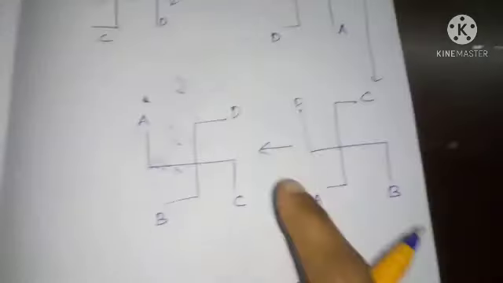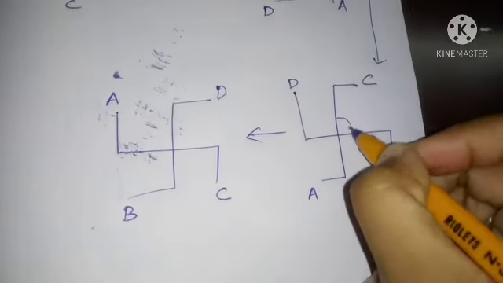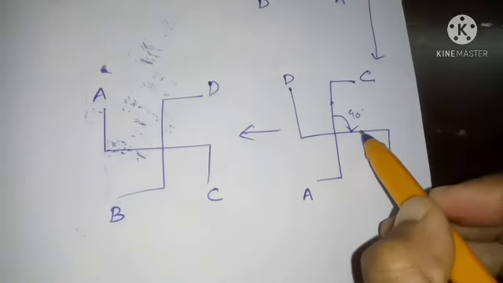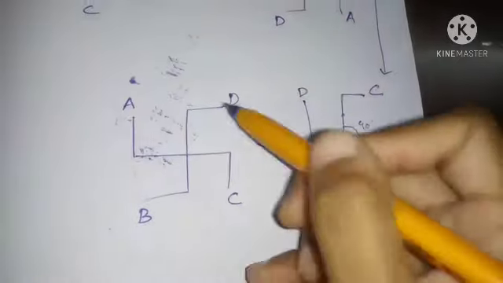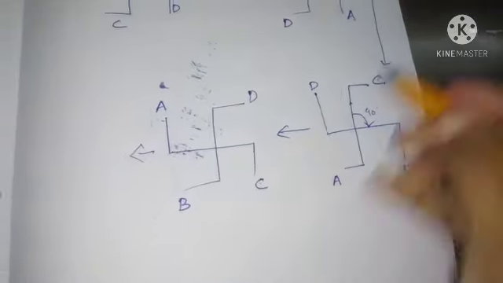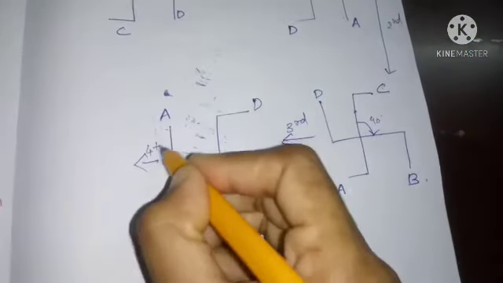So just rotating 90 degrees only. 90 degrees means this will go here. This is 90 degrees, correct? This part will go here. So C will go down, B left side. Now again rotating. This is second time, this is third time, this is fourth time rotation.